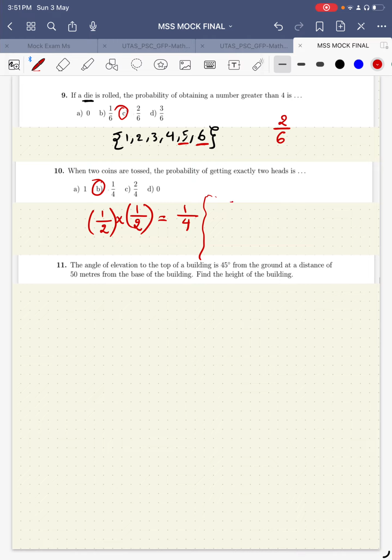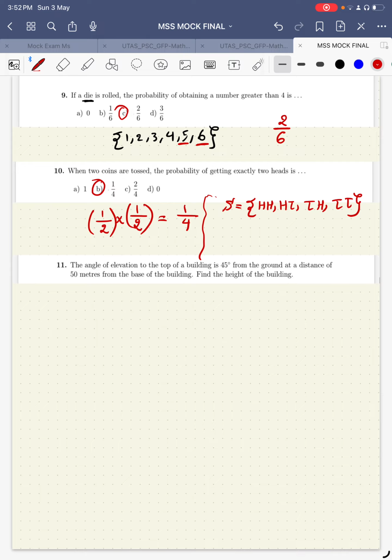Another way is just by writing all the sample space. If I throw 2 coins, I can get H and H, head and head. Also, I can get H and tail, tail and H, and tail and tail.